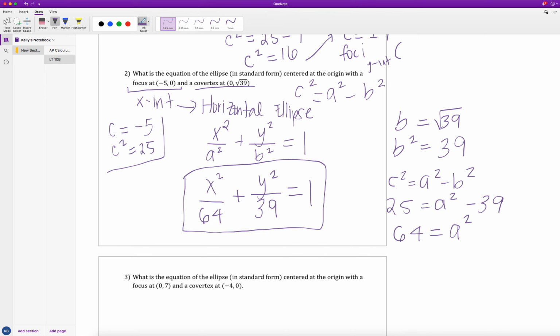Now in this case, because the focus is an x-intercept, that tells me right away that I have a horizontal ellipse, which means that I'm looking at the equation where the a squared is attached to the x squared piece since it is horizontal. From there, I can figure out what c squared is by squaring my focus. I can also figure out what b squared is by squaring the covertex. Lastly, I use that relating equation that relates a, b, and c, and I can solve for a squared and then substitute that in as well.